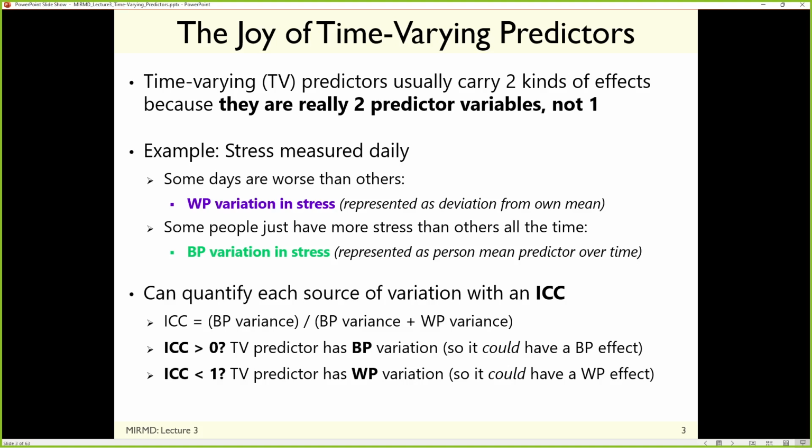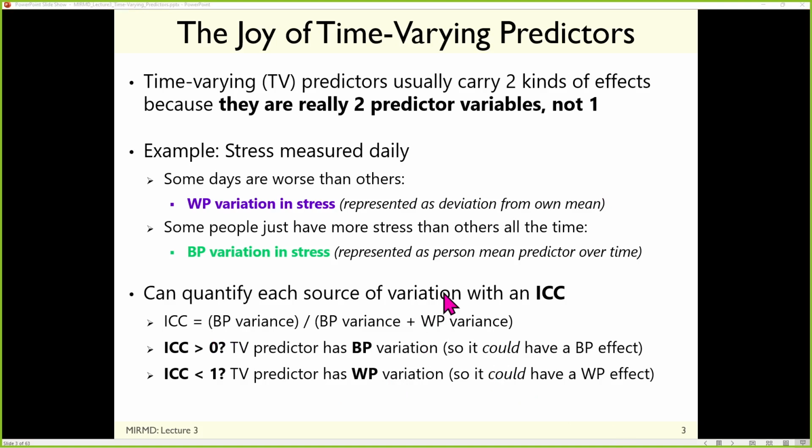And so we can quantify, and should quantify, in the same way that we would for an outcome, how much of each kind of variation we have in a predictor. So even though conceptually you might be thinking of a variable as a predictor, we need to think of it as an outcome in reality. So we can compute an intra-class correlation that tells us how much of it is between.